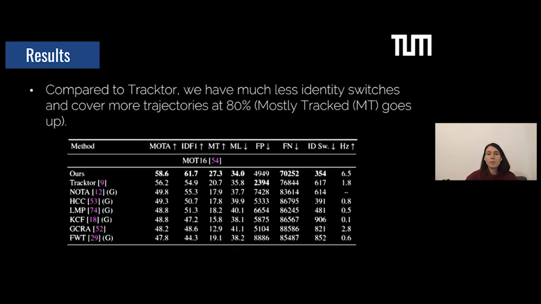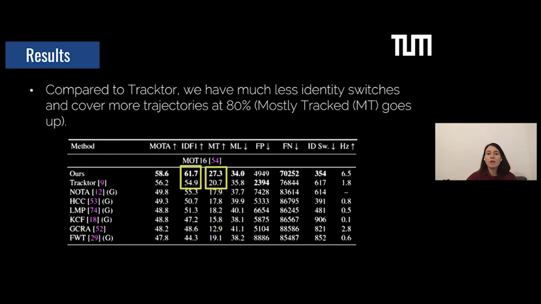Of course, compared to vanilla Tractor, so this is, again, a method that we put on top of Tractor because we know already that these easy scenarios can be dealt with by Tractor. So now we want to tackle the harder ones. And we see that most of the improvement comes in IDF1. So we have much, much fewer identity switches, right? Our identity preservation is much higher.